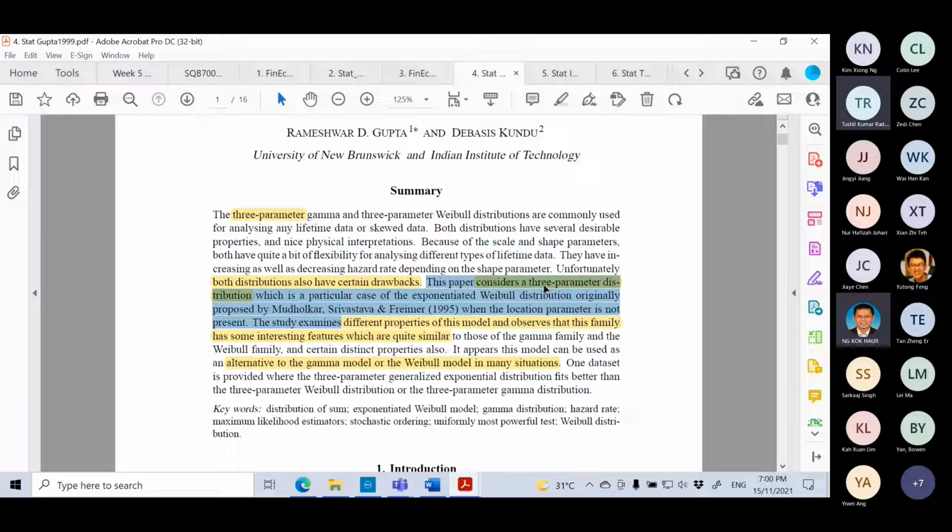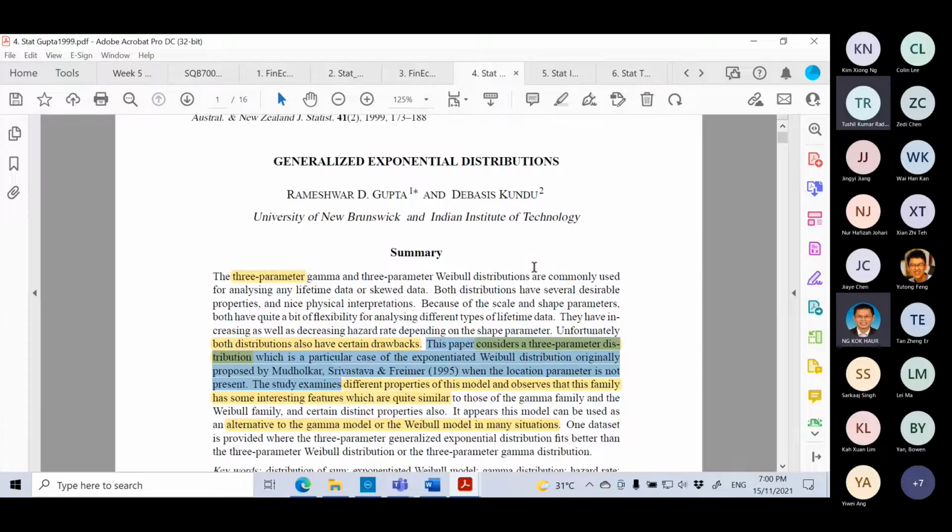These are the properties under this model. They need to come together. You cannot say I'm going to propose one distribution, then full stop, and never tell how to estimate the parameters, what the properties of this distribution are, whether it's positively skewed or negatively skewed, whether it has real support or positive support. All these things you need to mention in the whole paper.